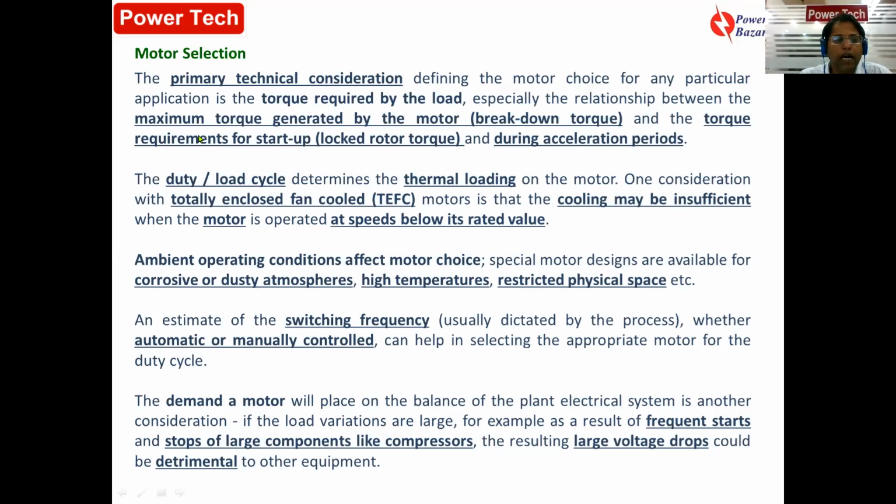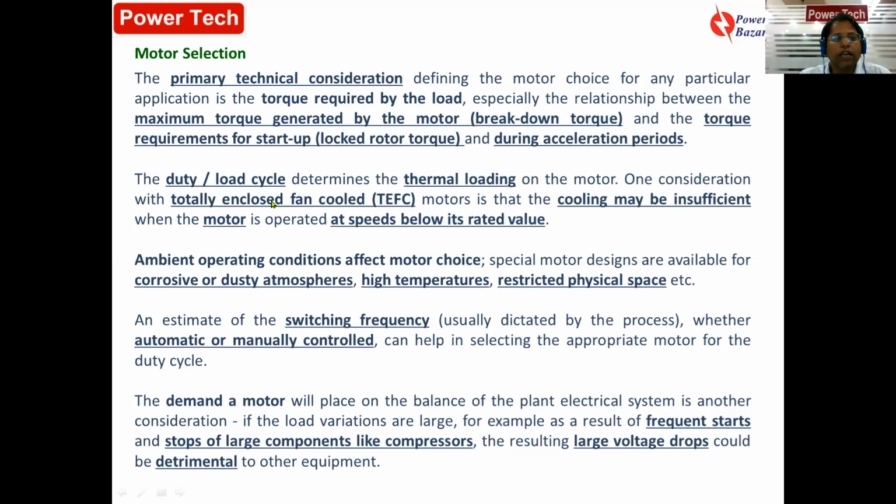The second parameter for motor selection is duty or load cycles. That means if you switch on or switch off any motor frequently, then it will require more thermal loading. That means the temperature rise will be more. But for a continuous rating machine, CRM, which is running continuously for 24 hours, the thermal loading will be relatively lower.